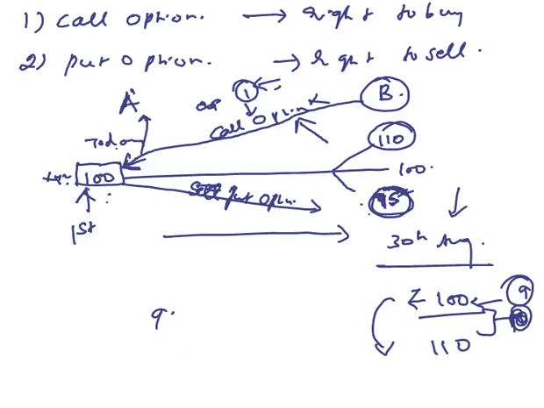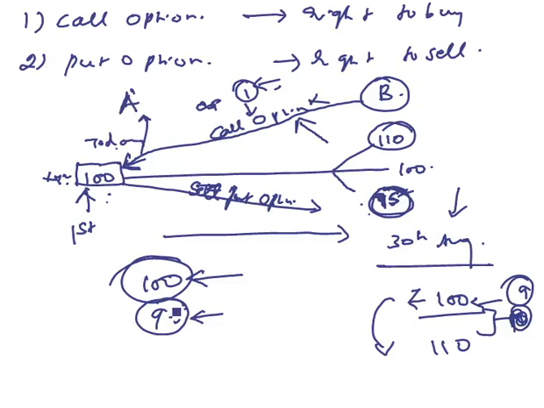Even though the stock market price is 95, he will sell it at 100 rupees, because he has actually entered into a put option on the 1st August itself, saying that I have the right to sell this stock at 100 rupees, even though the market price on that day is 95 rupees.